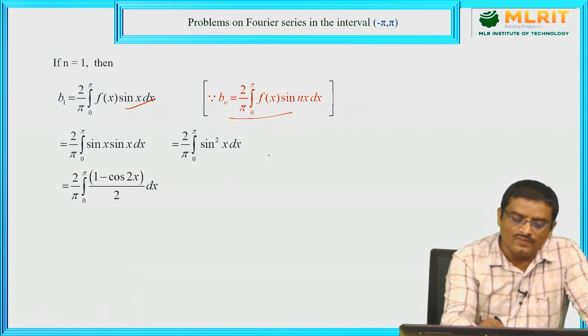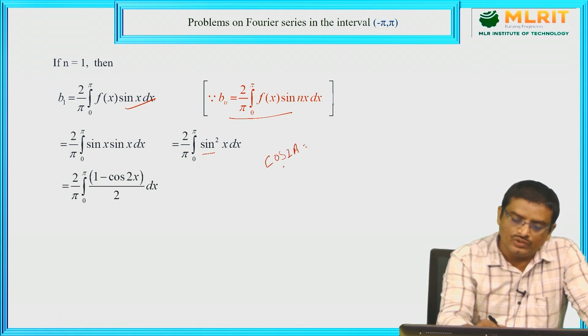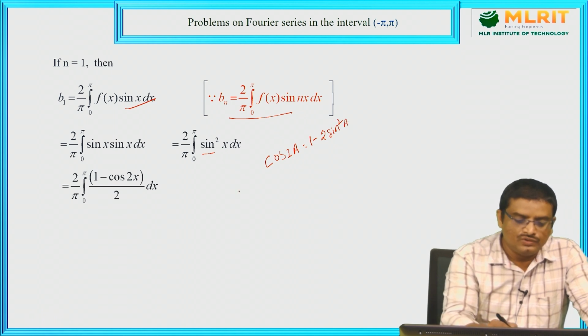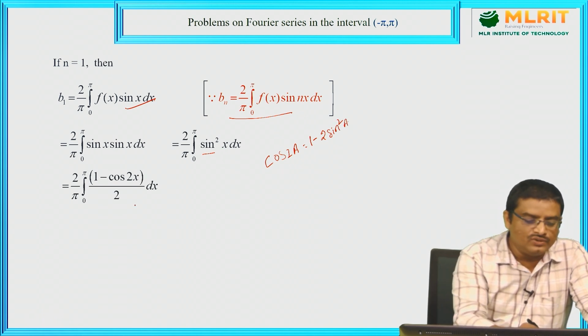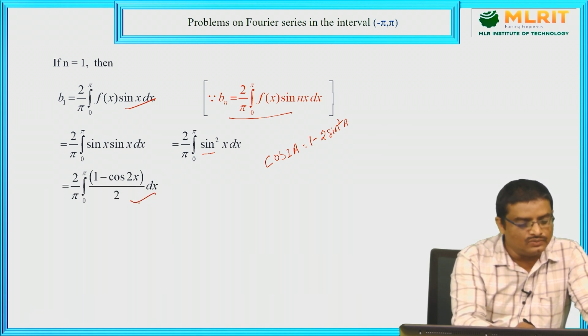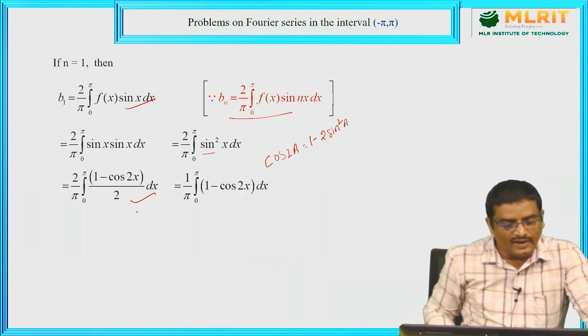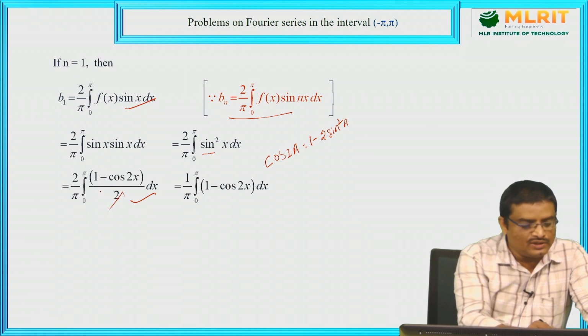We have the formula cos 2a is equal to 1 minus 2 sin square a. So by simplifying this, you will get sin square x is equal to (1 minus cos 2x) by 2, and find out that integral. This 2 and this 2 get cancelled.